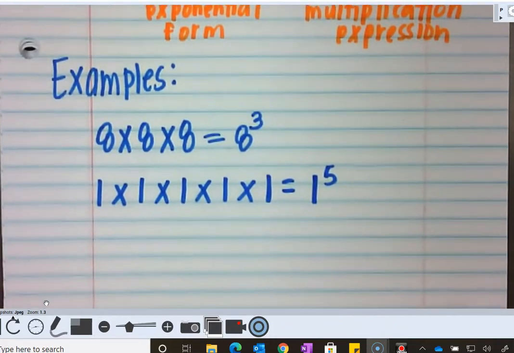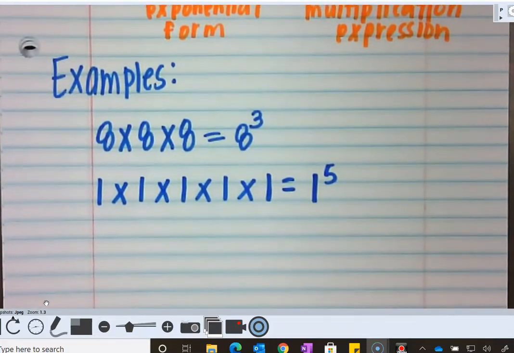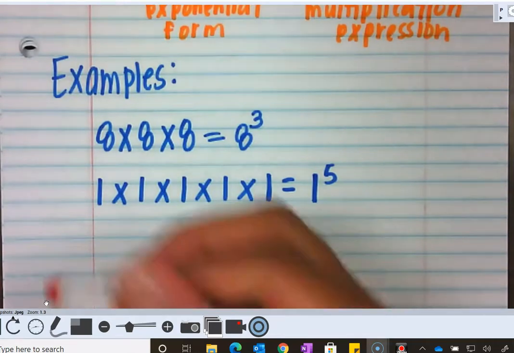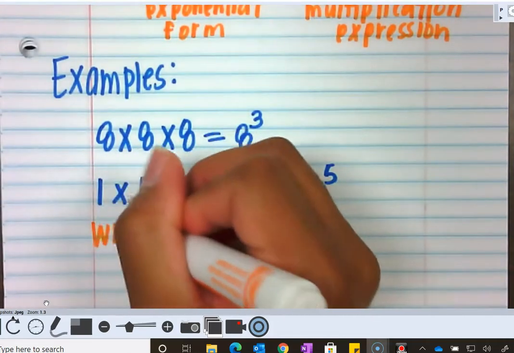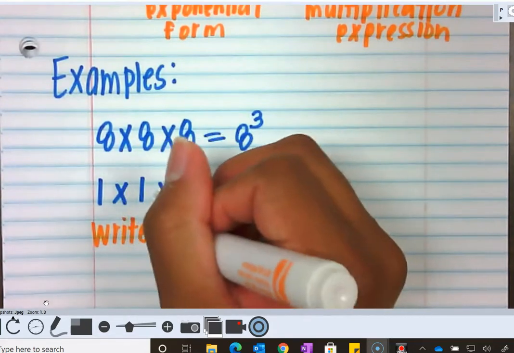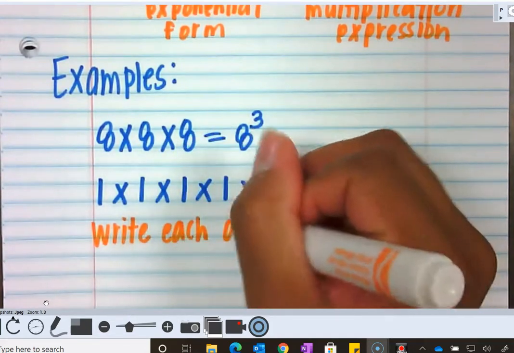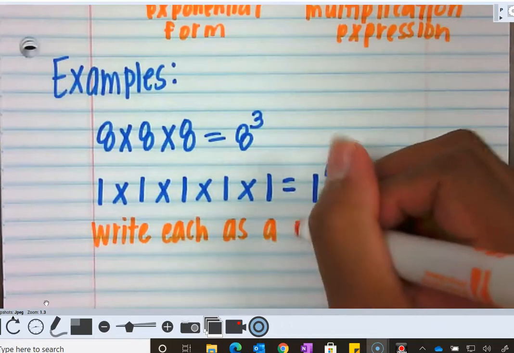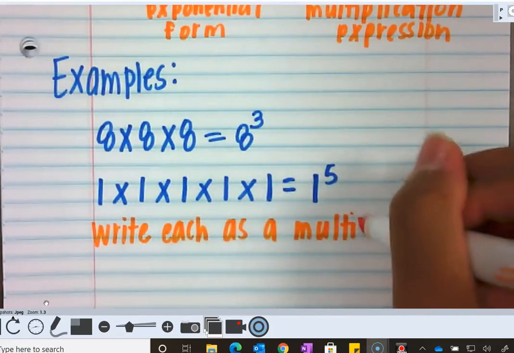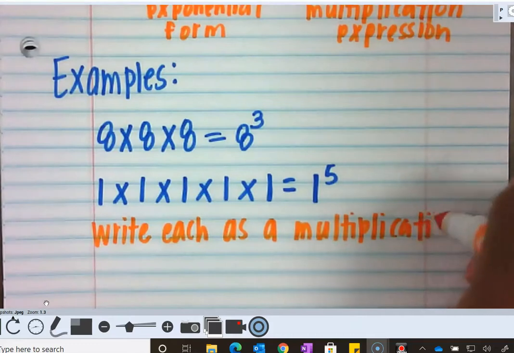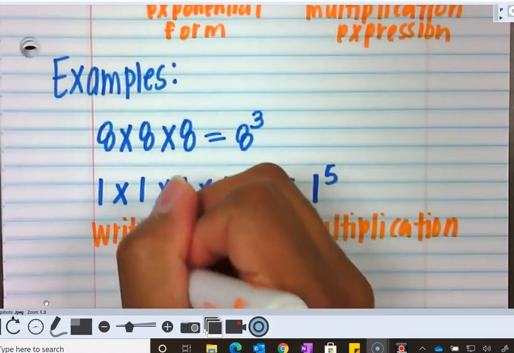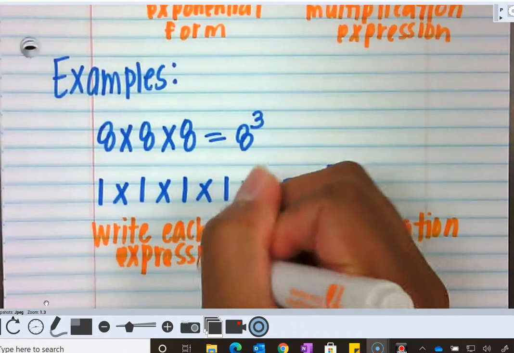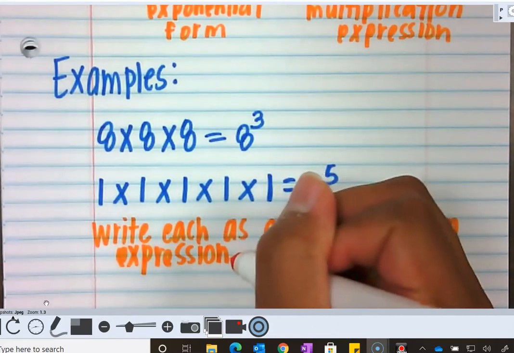So now, let's try some problems where we actually have to find the value. So let me give you the instructions. So for this example, the first thing we're going to do is write each as a multiplication expression.